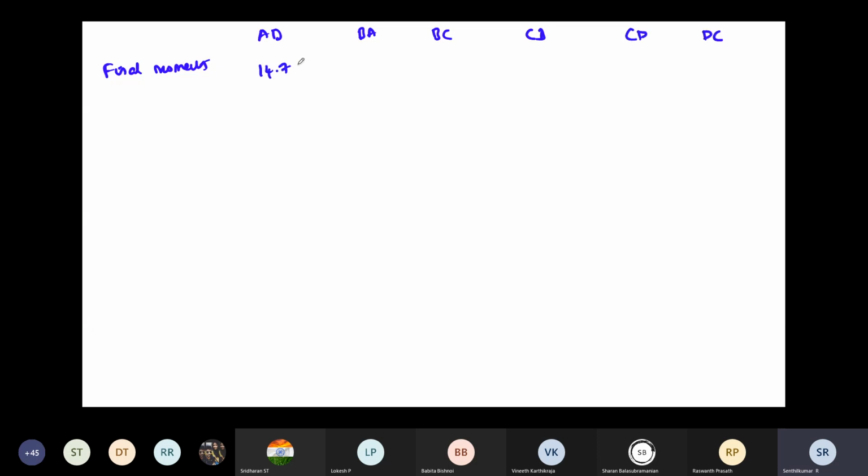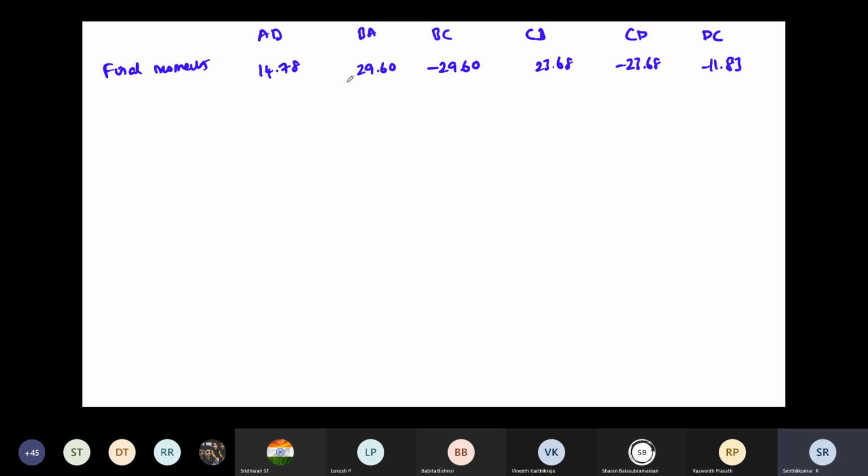AB has 14.78 kilonewton meter, BA has 29.60, this is minus 29.60, 23.68, minus 23.68, then finally minus 11.83. So these are the final moments you will get when you are doing the carryover till 0.